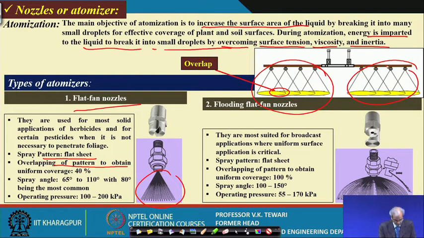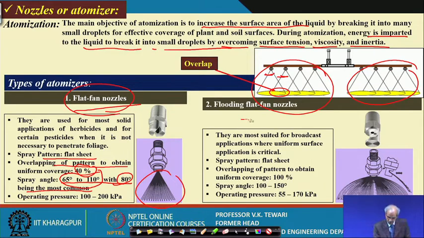Here, for spray angles of 60 to 110, 80 degrees is the most common one. What is the spray angle? This angle, in fact, is what we are talking of. Depending upon this angle, say 65 to 110, with 80 being the most prominent which you use, you will get an overlap of 40% to obtain uniform coverage in the case of a flat fan nozzle.